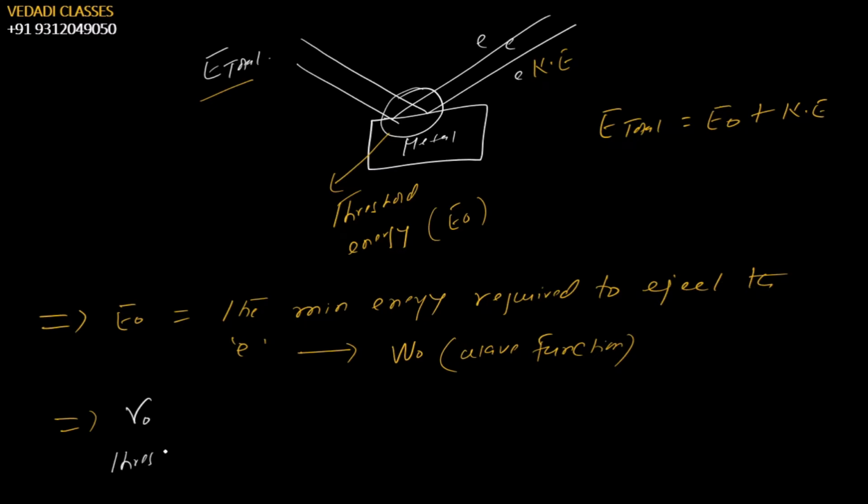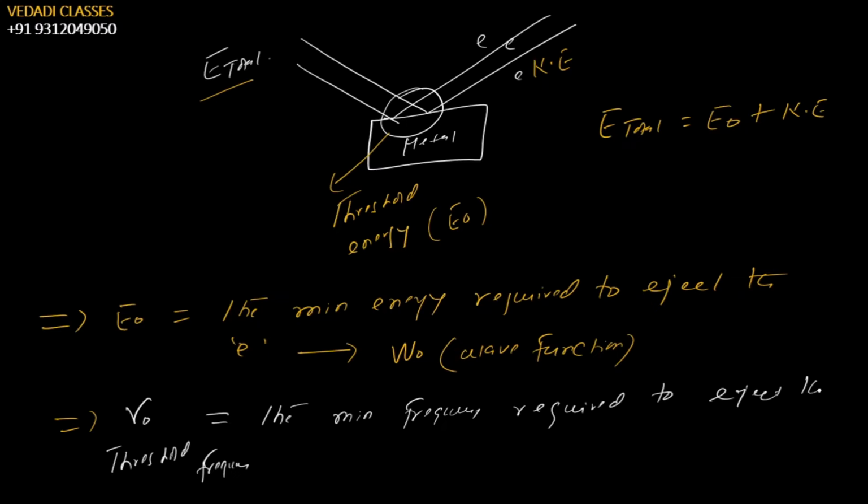So what is threshold frequency? The minimum frequency of light, obviously, required to eject the electron from the metal surface. This is known as threshold frequency.